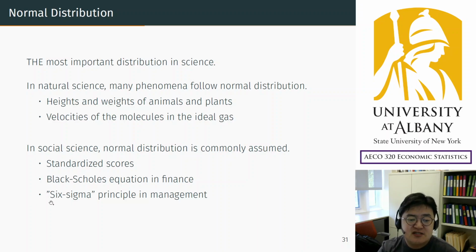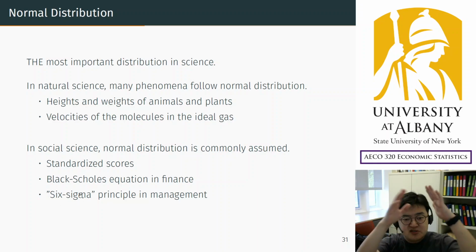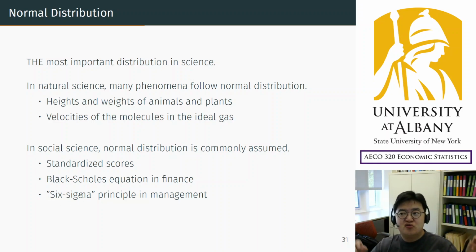And Six Sigma, you may have heard about this, because the legendary CEO at GE used this principle. Six Sigma means in the normal distribution, you don't allow error up to that Six Sigma distance.